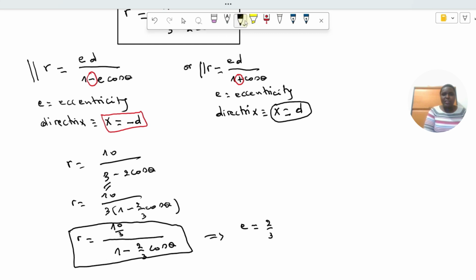So I'm comparing these 2 over 3 and this eccentricity here. So you see, the eccentricity is equal to 2 over 3. And again, we have that E times D will be equal to 10 over 3.